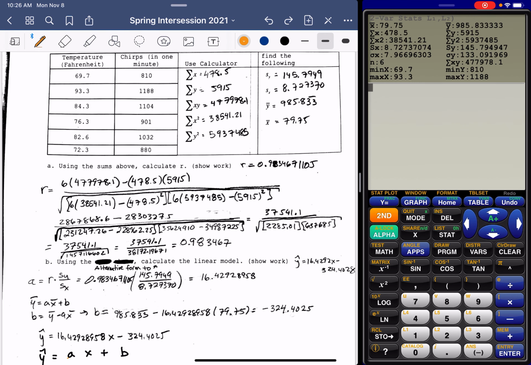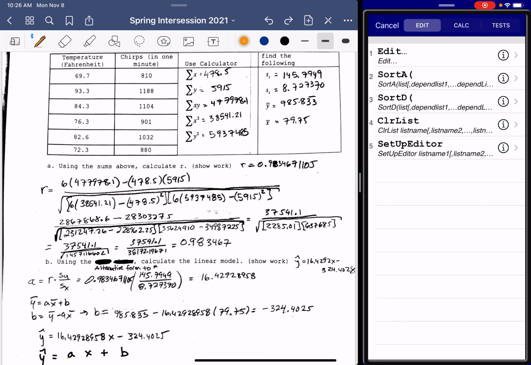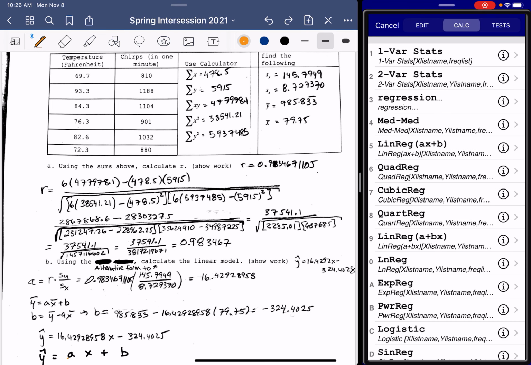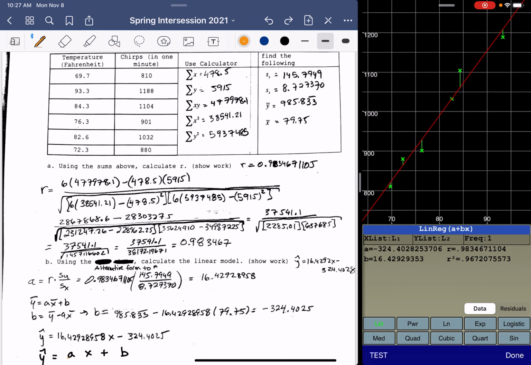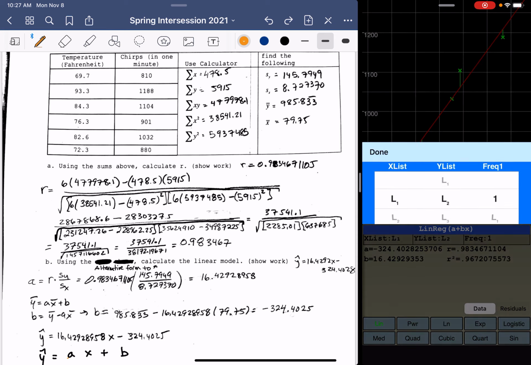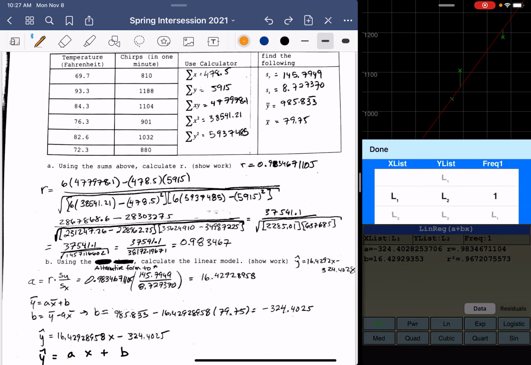Now, let's check for understanding. Let's see what's the value for r. If you go to stat, you go to calc, you go to regression. I think it's under regression, isn't it? Yes, which is R. We have to make sure we're in L1 and L2.